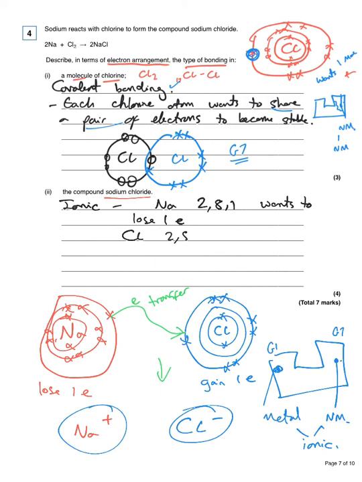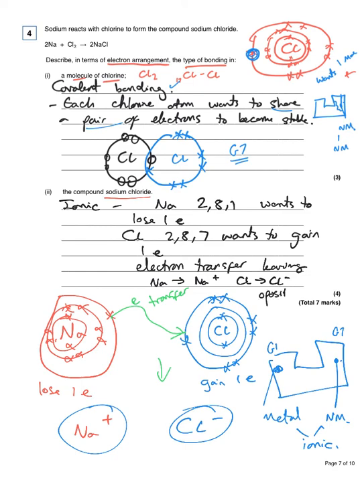Chlorine has the electron configuration 2,8,7, so wants to gain one electron. Therefore, you have electron transfer, leaving Na as Na positive and Cl as Cl negative, and these opposite charges attract.